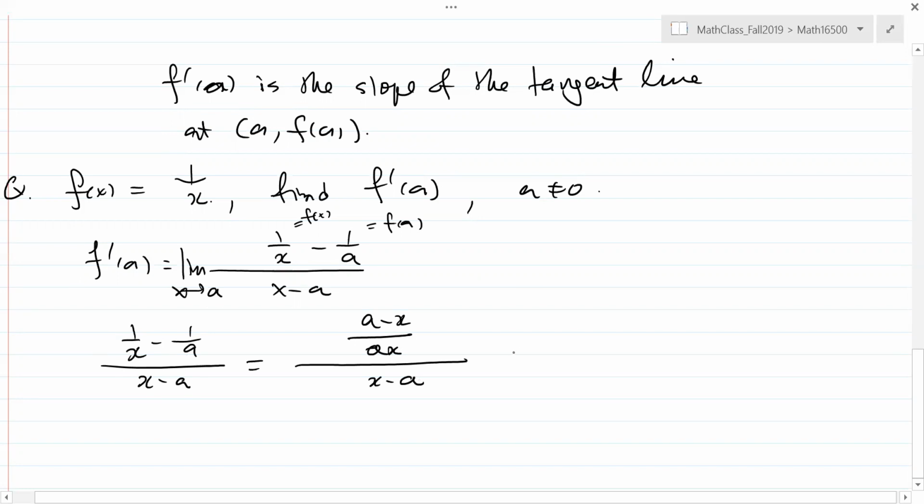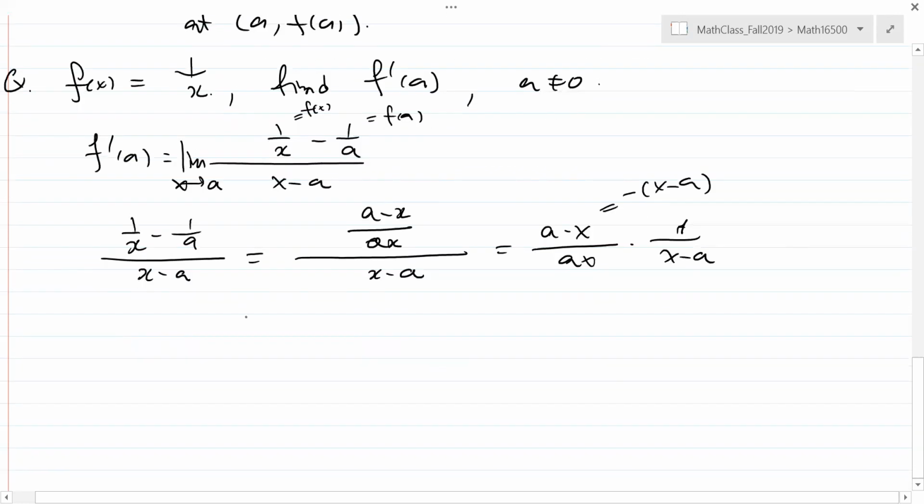Can we cancel x minus a? Yes, because the numerator is a minus x, which is negative (x minus a). So x minus a is canceled out, and you get negative 1 over ax. Good, this is a simplified expression.